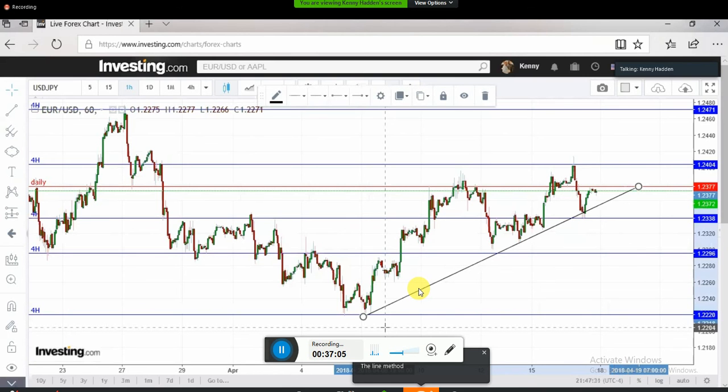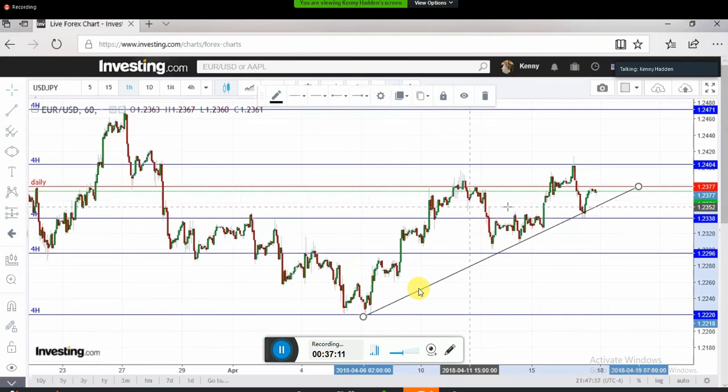I use my trend lines to draw. And then if I see like little consolidation periods right here, I sort of mark my charts up.